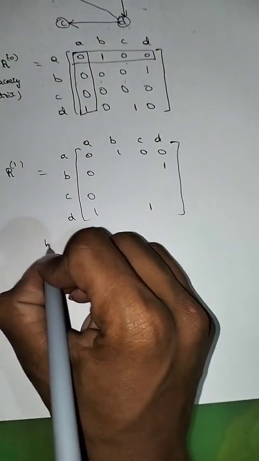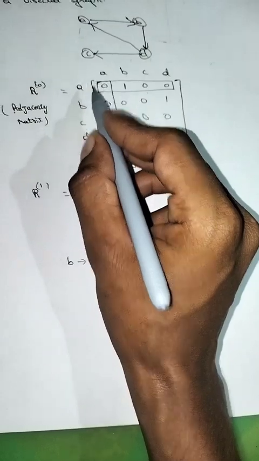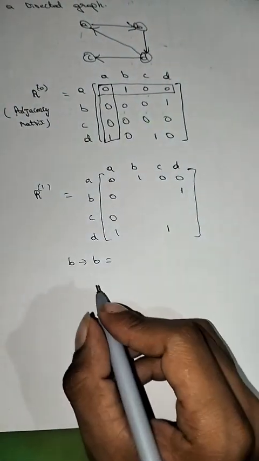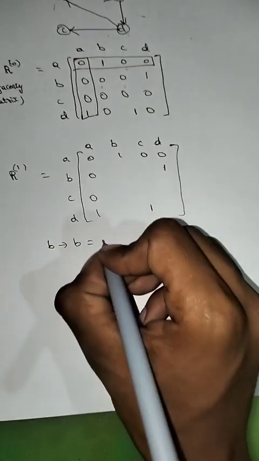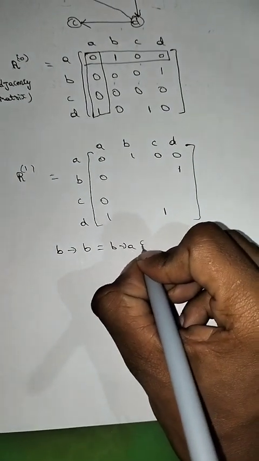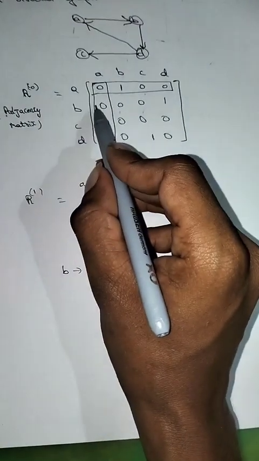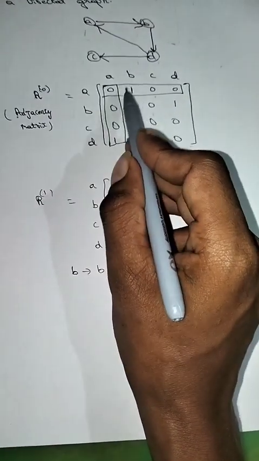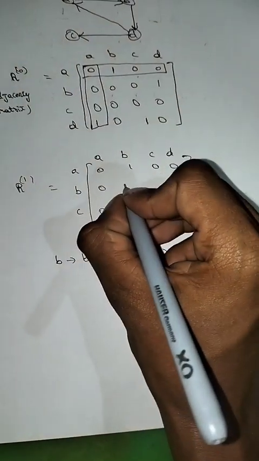B to B. Since we are considering vertex A, B has to visit A first and then visit B. So B to A and A to B. B to A is 0 and A to B is 1. So 0 and 1 is 0.